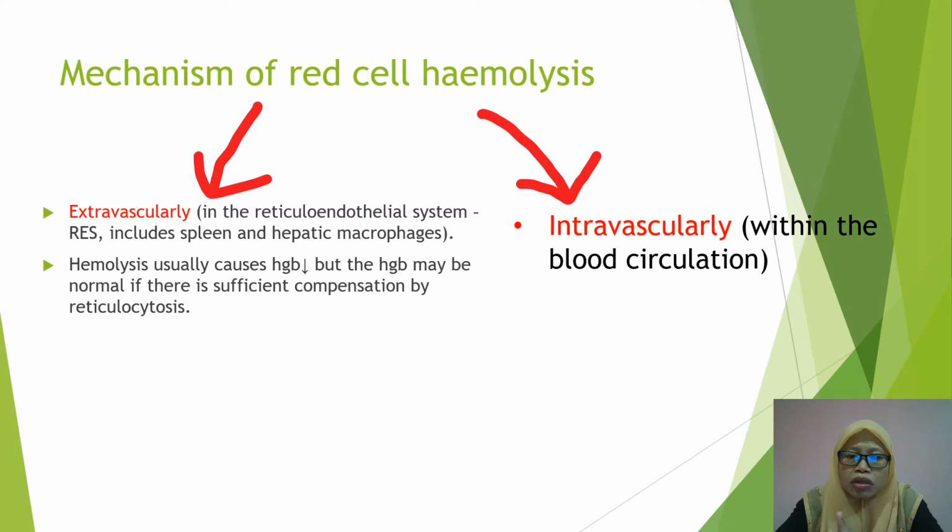For extravascular, the hemolysis occurs in the tissue, which involves the reticuloendothelial system. This includes the macrophages in the spleen and also in the liver. For this condition, normally hemolysis can cause hemoglobin to drop. However, in some circumstances, the hemoglobin may be normal if there is sufficient compensation by erythropoiesis.